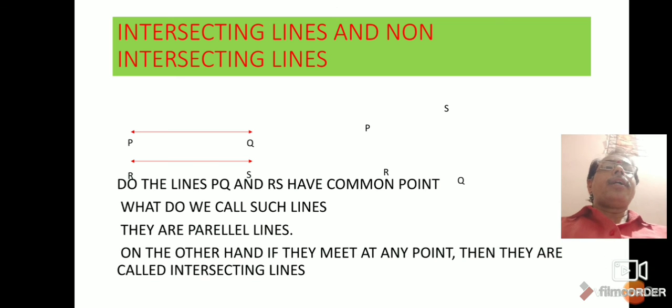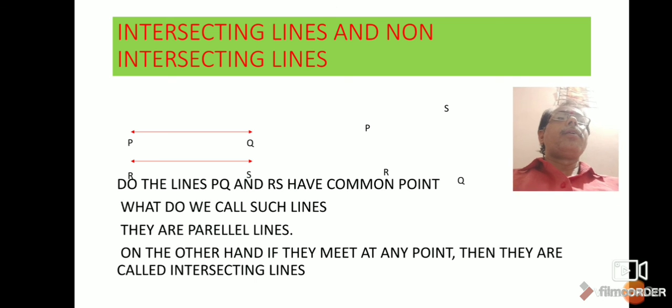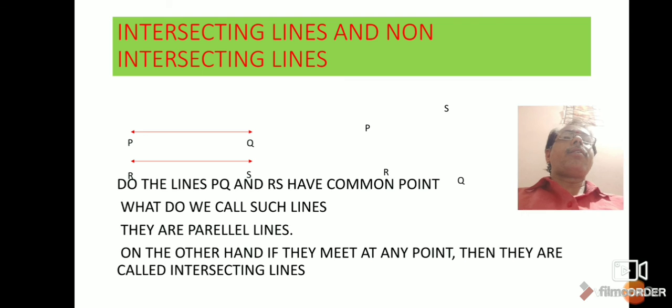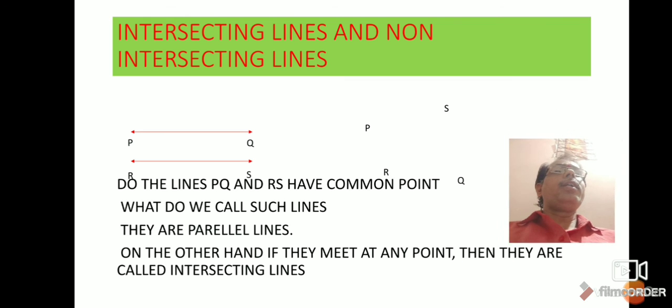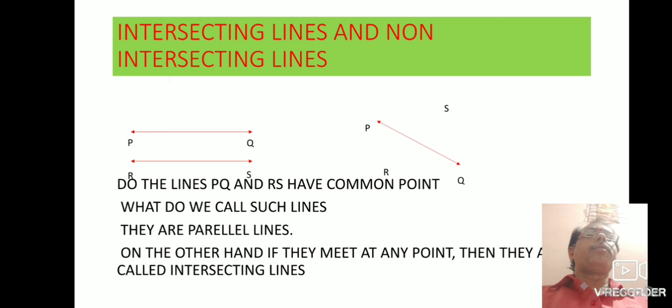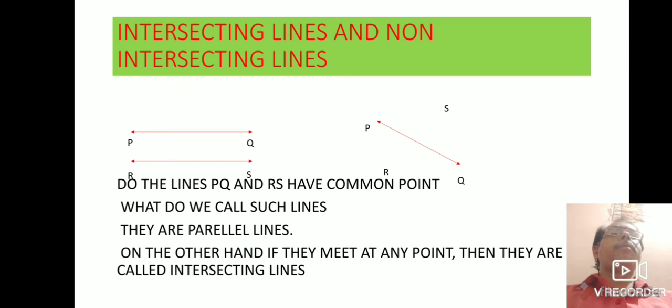Now on the other hand, if they meet at any point, then they are called what? Intersecting lines. Okay, now let us see this figure. See this, PQ and RS meet at a point, so these two are what?